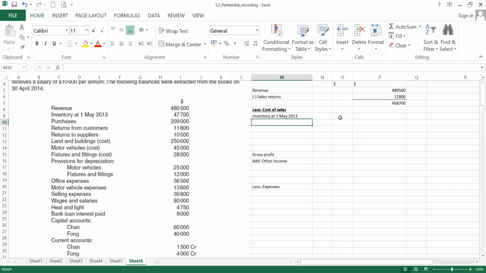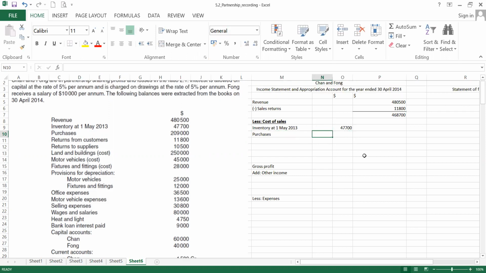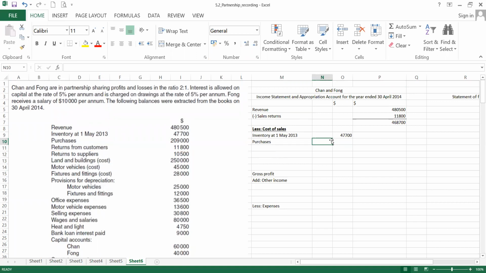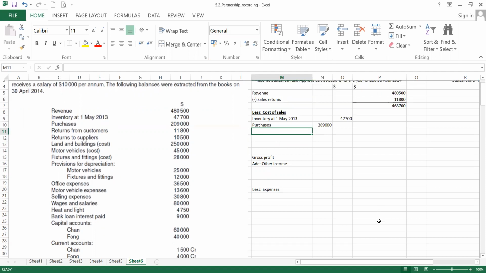This is information from here. 47700, and then plus the purchases, the standard item in the question. So here, since I got 3 columns, then we just put in the purchases is 20900.